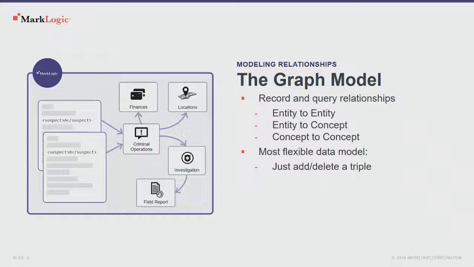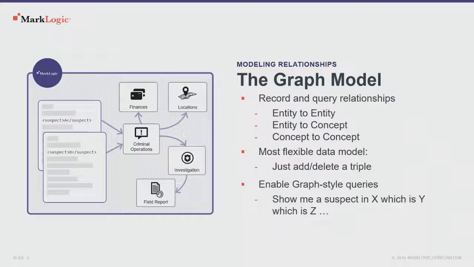Every piece of a graph is atomic. So it's very simple, very easy to just add a single triple, just delete a single triple. And it lets you do graph-style queries. And we'll see several examples of these as we go through the talk. Show me a suspect in a criminal operation that has this location, that's traversing the graph, that's walking the graph.